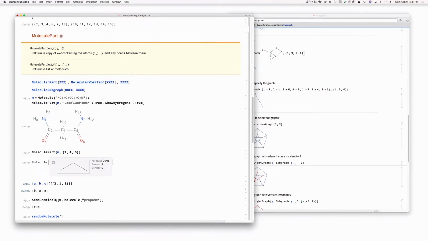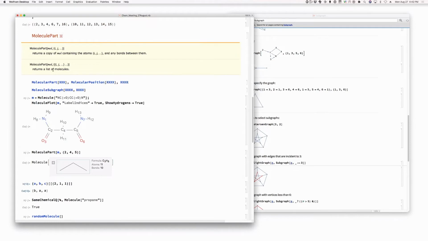What's troubling to me is that molecule part just seems weird, and molecule position just seems very weird, whereas molecular position seems like a more reasonable way to say what we have.